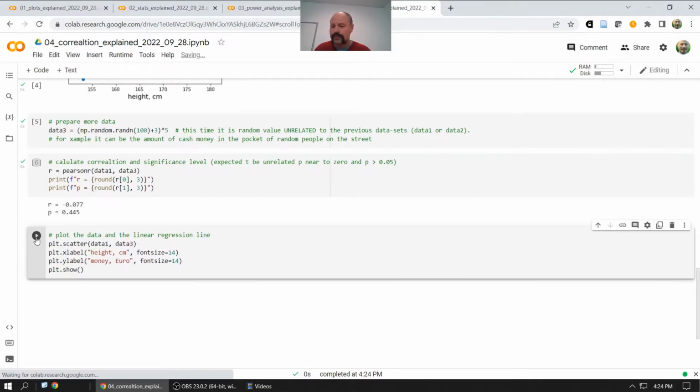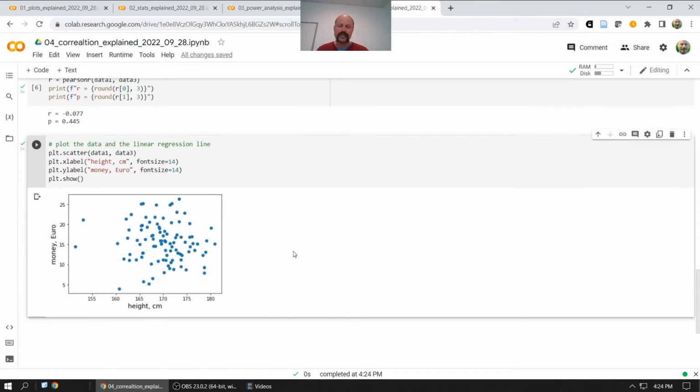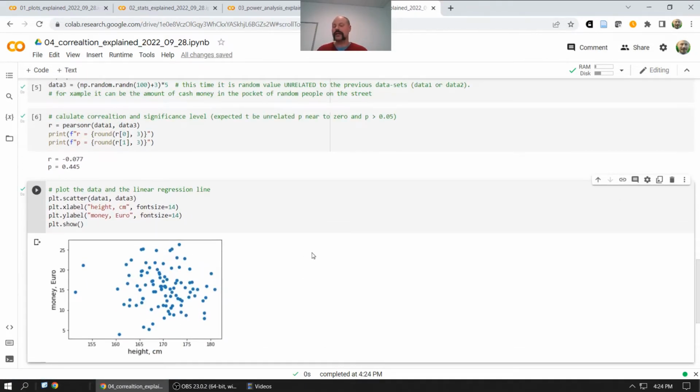And if we look at the scatter plot, we can see that the data points are not organized in a diagonally squeezed cloud, neither in the positive direction nor in the negative direction. It's spherical. And this clearly illustrates the lack of correlation between the two parameters.